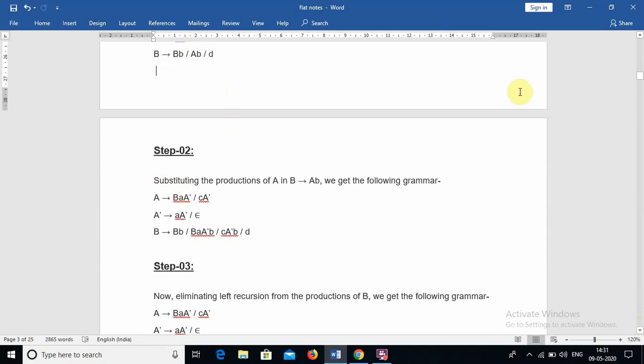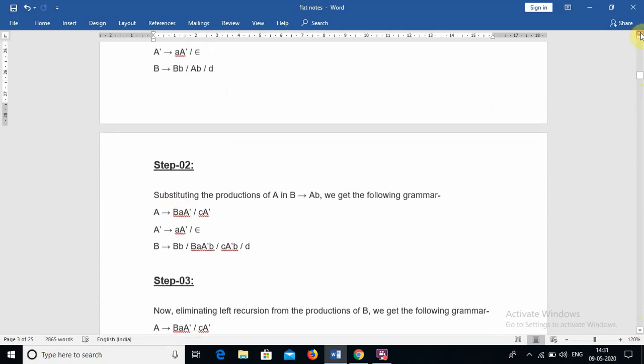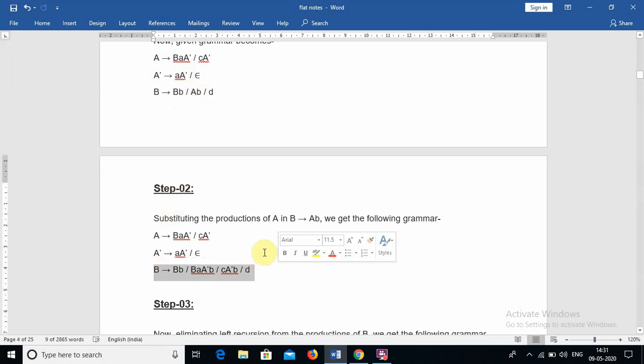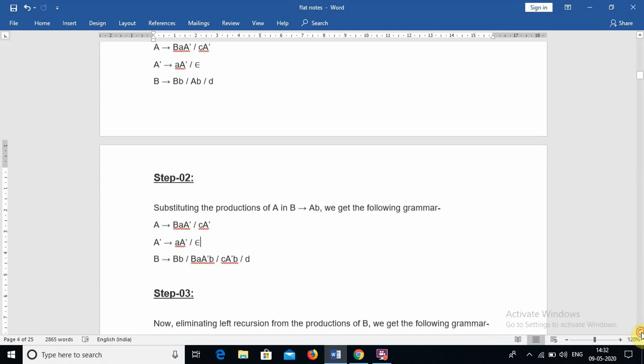Before that we have to substitute A in B. So the new B production becomes B to BB. What is A? A1 B and C A1 B slash D. So what we did here, we substituted A in B. Then the new production rule becomes like this. So now you can remove the left recursion.